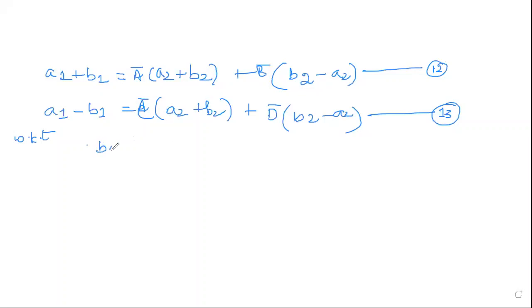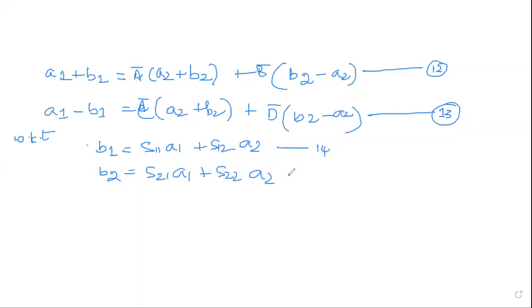So you know this: B1 is equal to S11 A1 plus S12 A2, for 2 port. B2 is equal to S21 A1 plus S22 A2. So I'll consider this as the 15th equation.